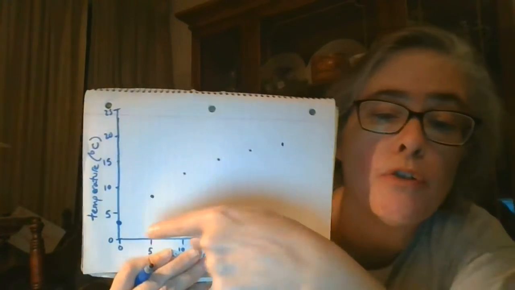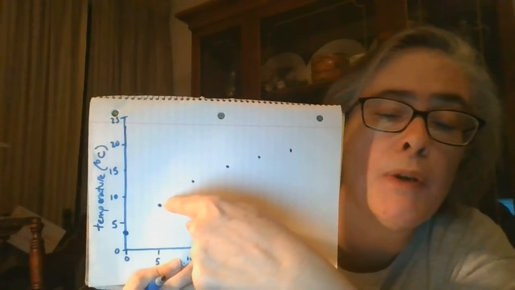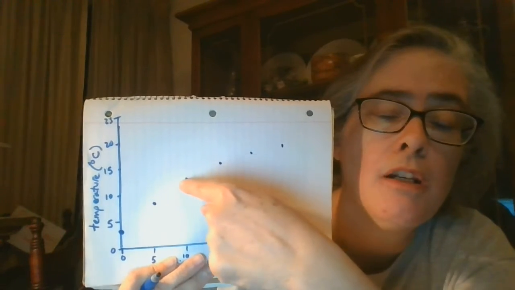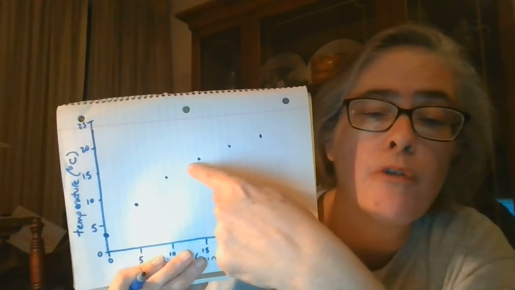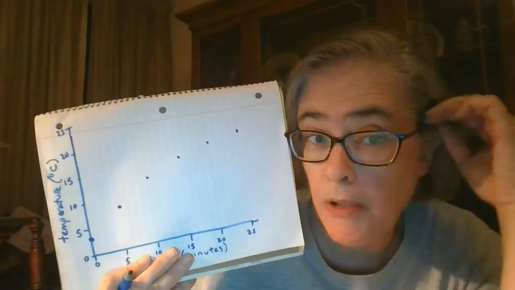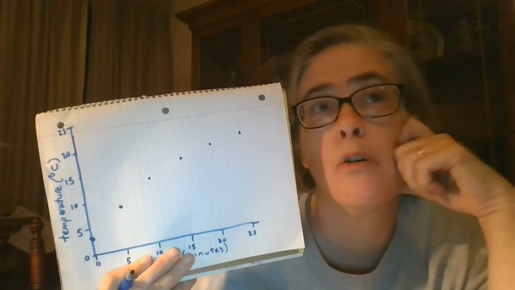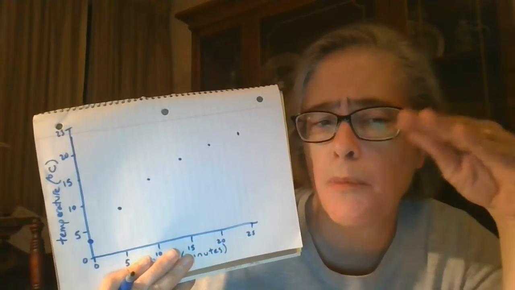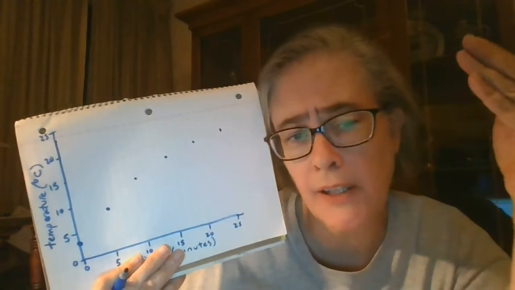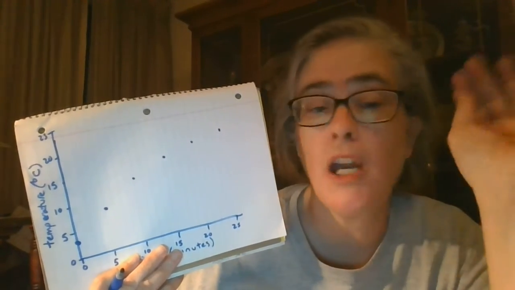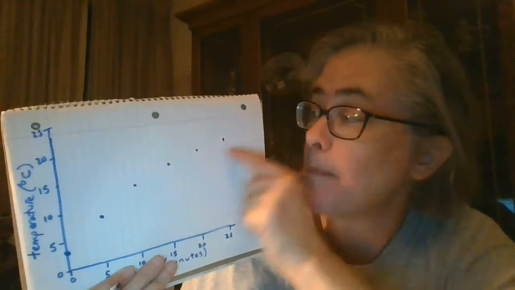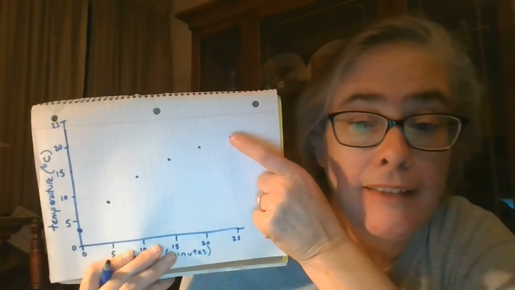So I'm going to ask you to draw a line from the first point to the second point, from the second point to the third point, from the third point to the fourth point. As you get more experience with graphing data, you are going to learn how to draw some other kinds of lines, some best fit lines. For our purposes, I just want you going dot to dot to dot to dot, but I want you to stop at the last dot.